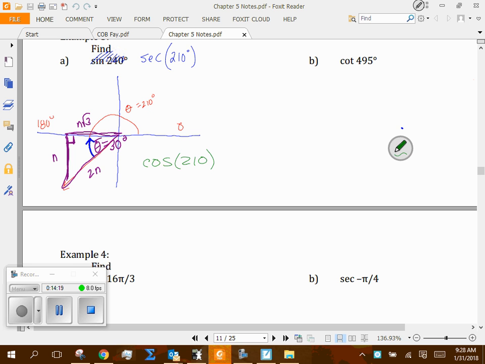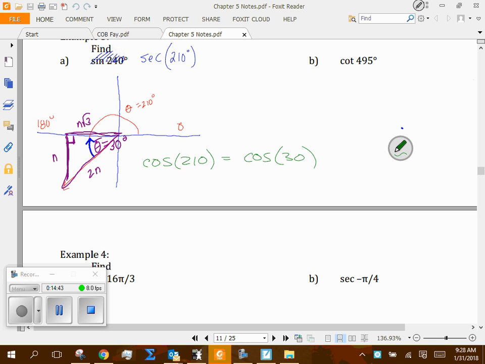So cosine of 210, the reference angle is 30 degrees. So everything I know about a 30-degree angle should be true. So this should be equal to cosine of 30. But what quadrant is 210 terminating in? Third quadrant, right?